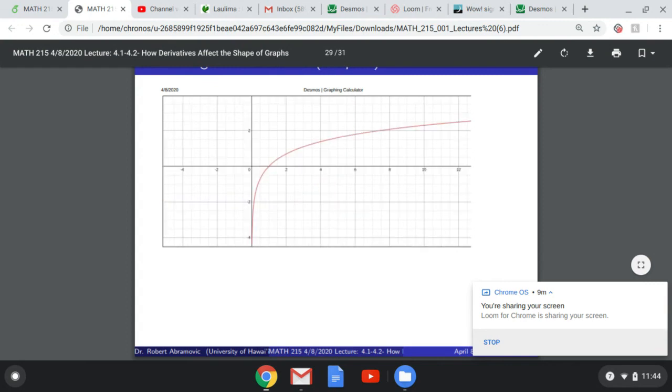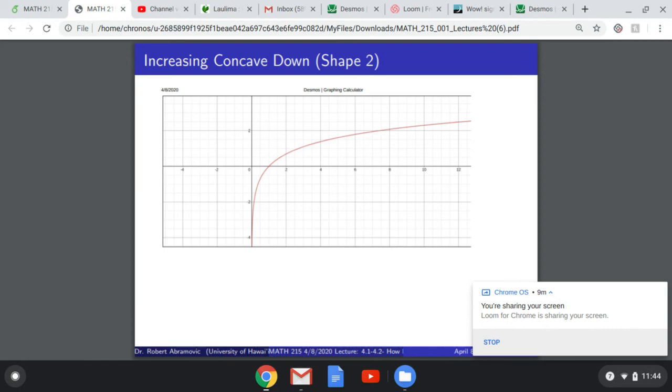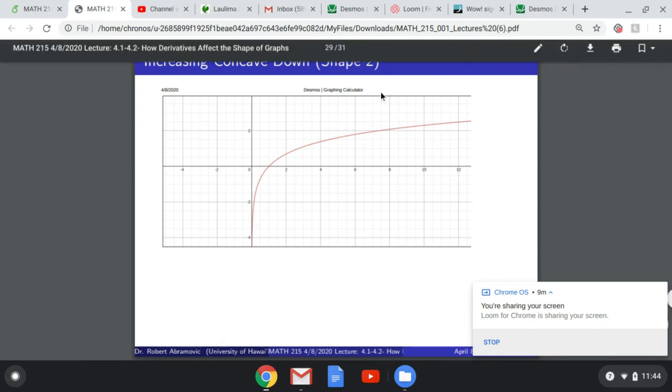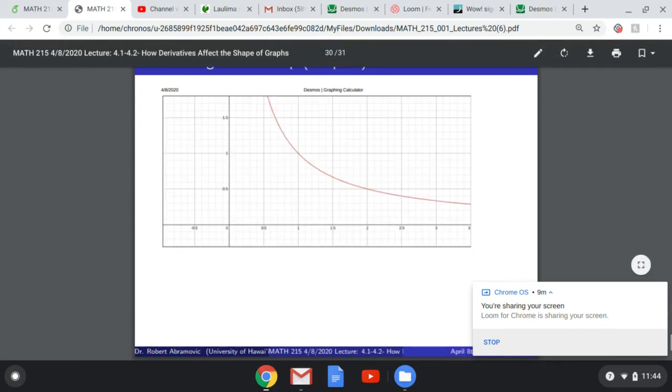The next basic shape is increasing but concave down. This is actually the logarithmic function that is graphed here. It's always increasing and concave down, but this could be part of your graph. If on an interval your function is increasing and concave down, this is what the shape of your graph is going to look like.